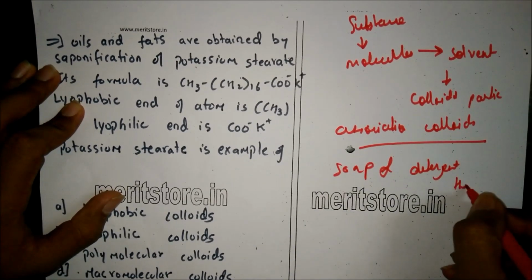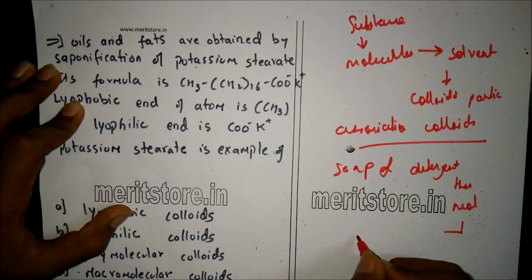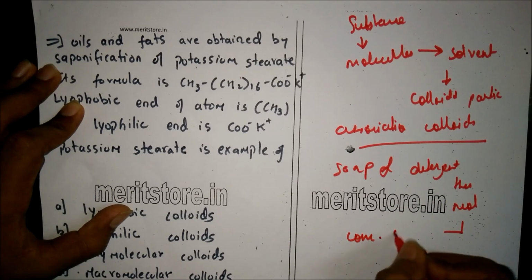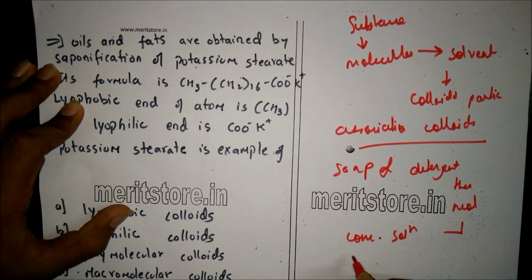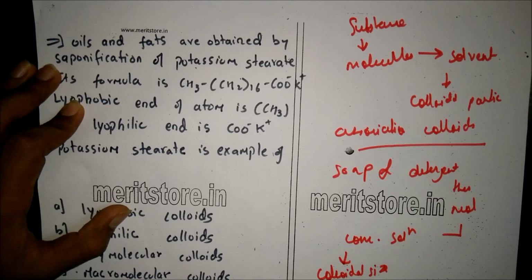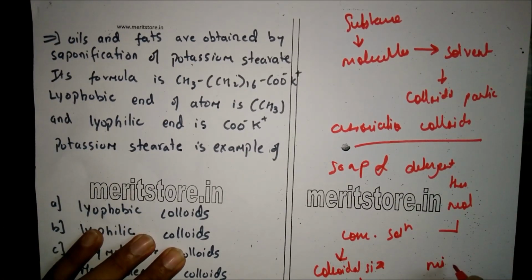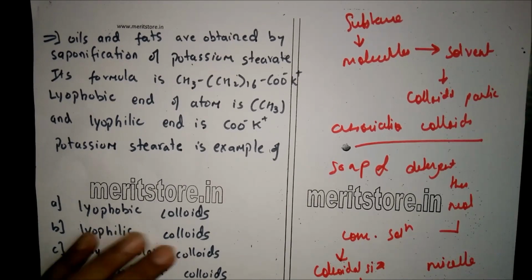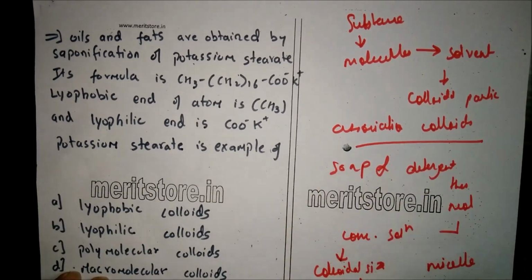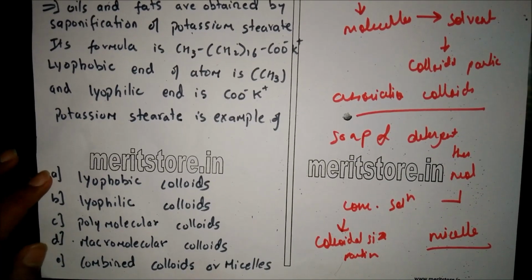Therefore, these molecules associate in concentrated solution to form colloidal size particles. These associations of soap and detergent are also known as micelles. Potassium stearate forms colloids as well as micelles. Therefore, the correct answer is option E, colloids or micelles.